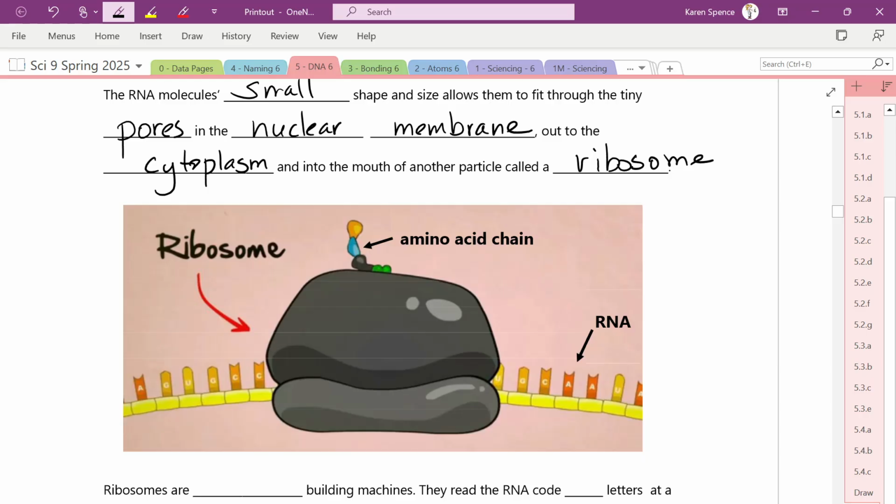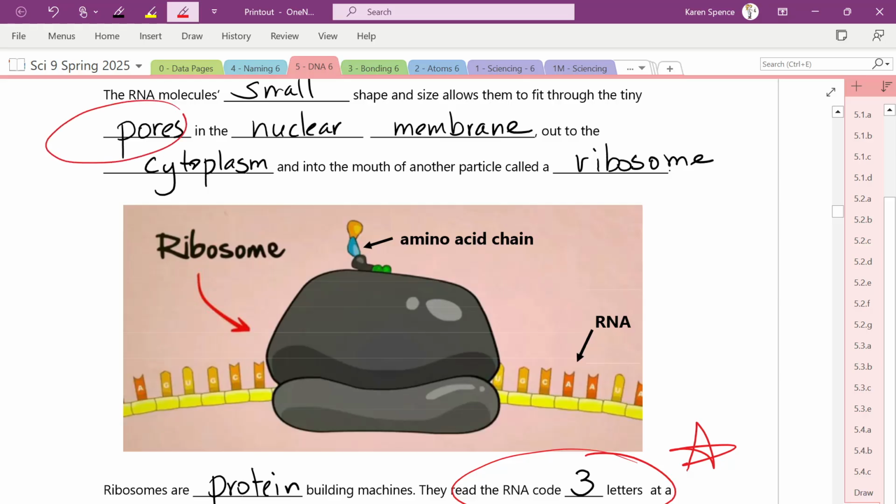What do they build? Proteins. They are protein building machines. How many letters do they read at a time? 3 letters. You need to know that. You need to know about the pores. You need cytoplasm, you need ribosome, you need nuclear membrane.